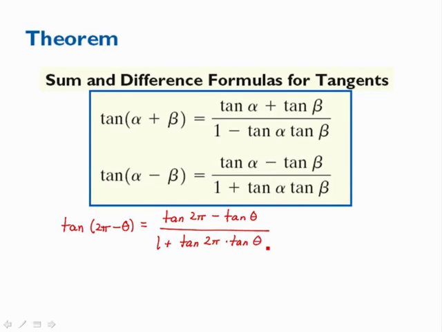By the way, one other issue that you need to concern yourself with is neither alpha nor beta can be an odd integer multiple of pi over 2 when utilizing this formula. Reason being is the tangent function is not defined at odd integer multiples of pi over 2. Remember, that's where the vertical asymptotes are on the graph.